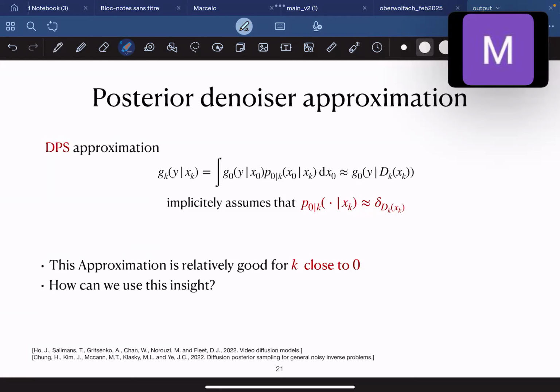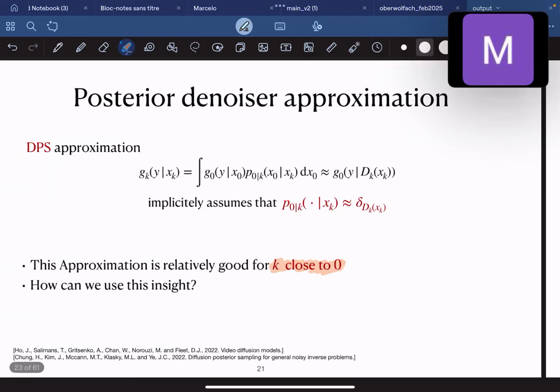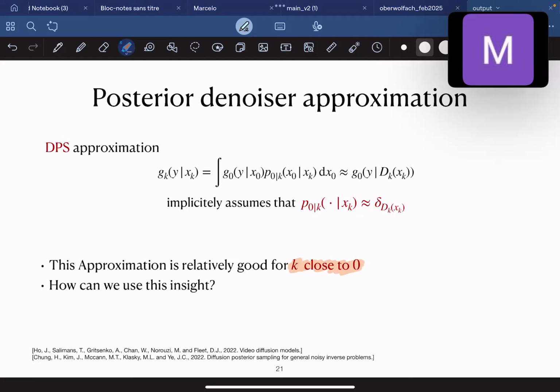If you know a bit about diffusion models, and you think about the forward noising process, this approximation is relatively okay if the step k is relatively close to 0. So that's the first observation that I will be using: I want to use this type of approximation for iterations which are close to 0.